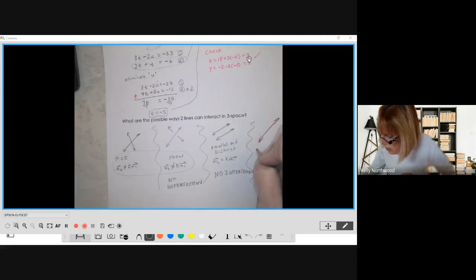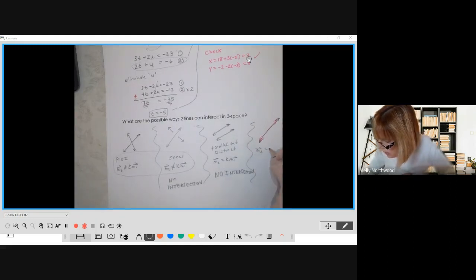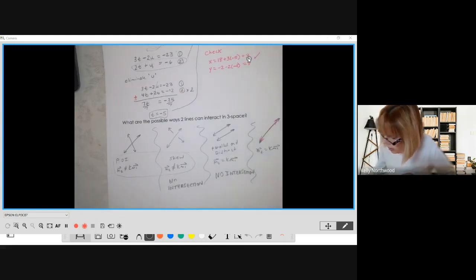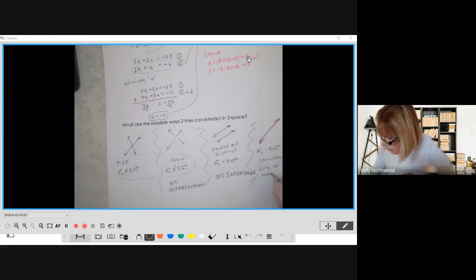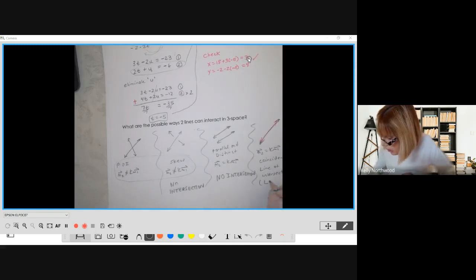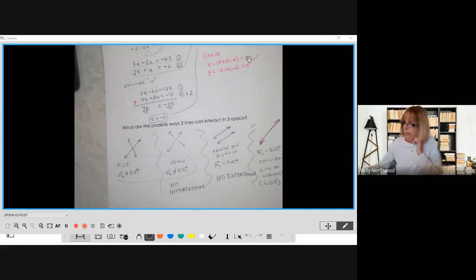So again, the direction vectors would be scalar multiples of each other. And they are coincident, which means there's a line of intersection. And you can use LOI for line of intersection.